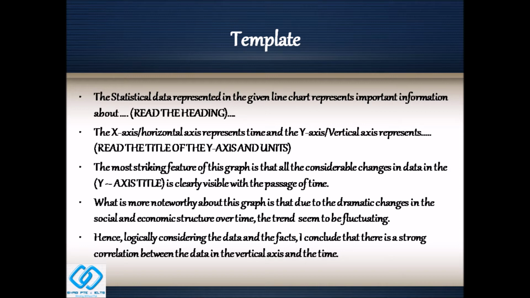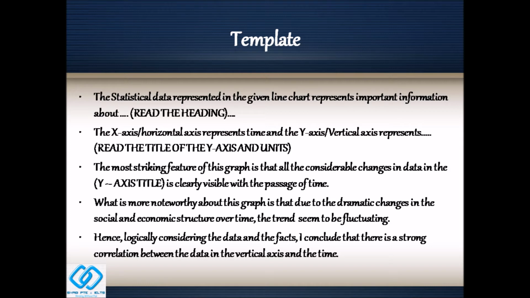So just read the title of the y-axis and the unit. The third point: the most striking feature of this graph is that all the considerable changes in data in the title of the y-axis is clearly visible with the passage of time. This explains the third point, which actually shows the trend.